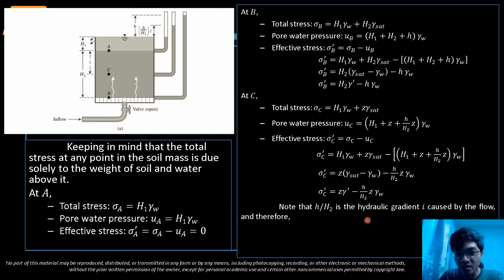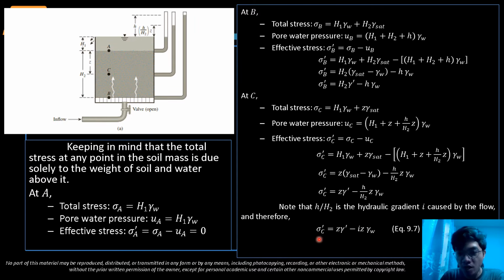Simplifying this further, class, take note that H over H sub 2 is the hydraulic gradient i. Because the H is the head loss between point A and point B, and the H sub 2 is the distance between point A and point B. That is our definition of hydraulic gradient from our discussion about permeability of soil: head loss over the length traveled by the water. So we can replace H over H sub 2 with the hydraulic gradient i, and rewrite this way.